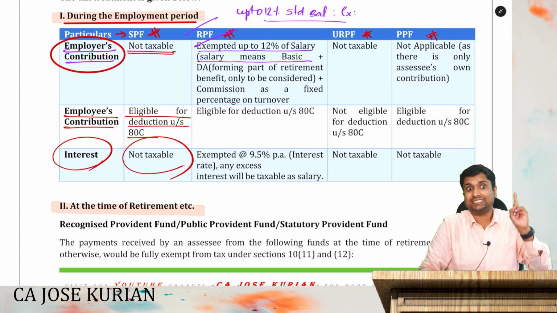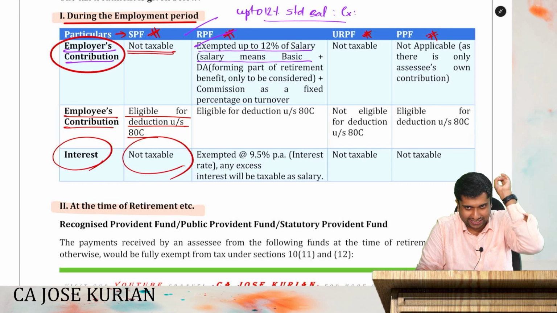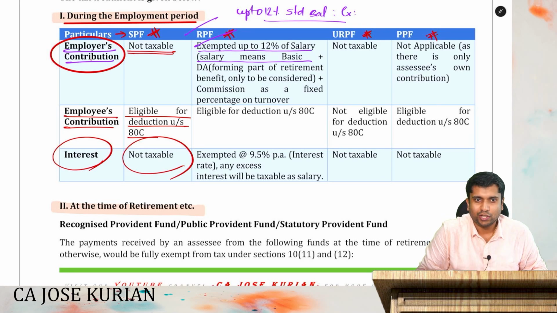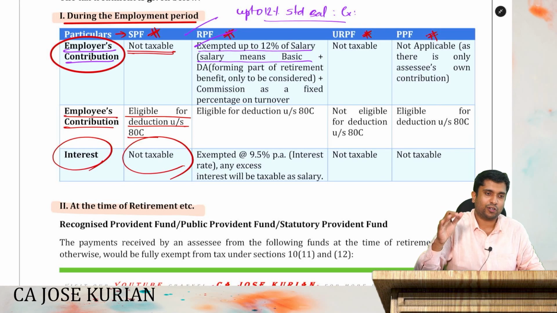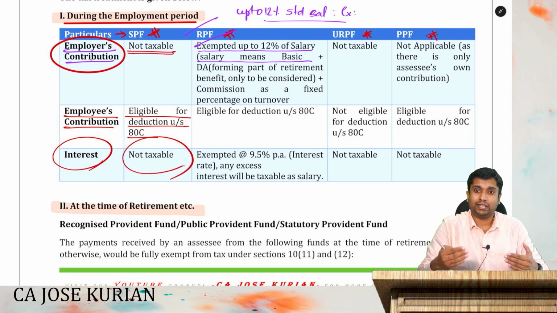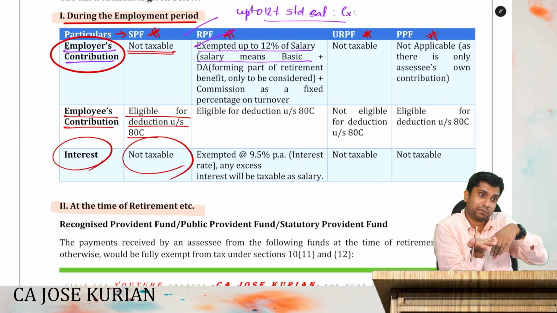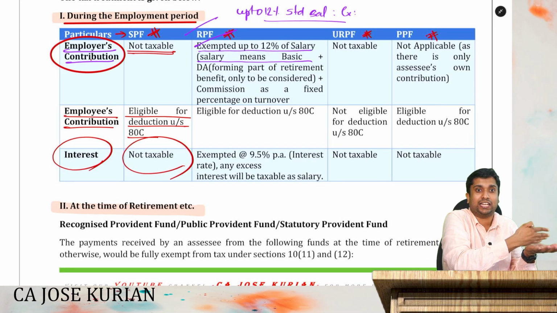If there is excess contribution, that excess will be taxable as salary in the year of contribution itself. Are you with me? Normally nobody will contribute more than 12% because it's a hardship for the employee. Why hardship? I'm not getting the money in my hand. It has been deposited to the PF account, but I have to pay taxes from the other portion of salary which I'm getting in my hand.